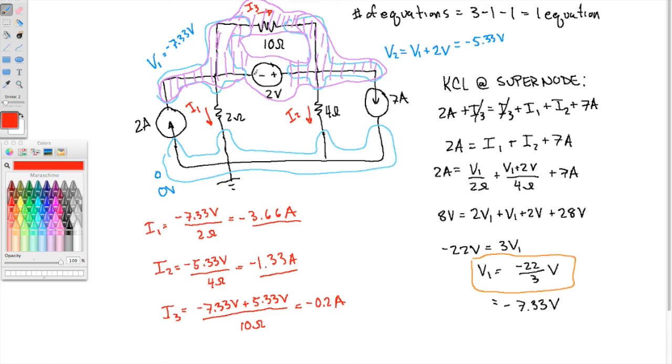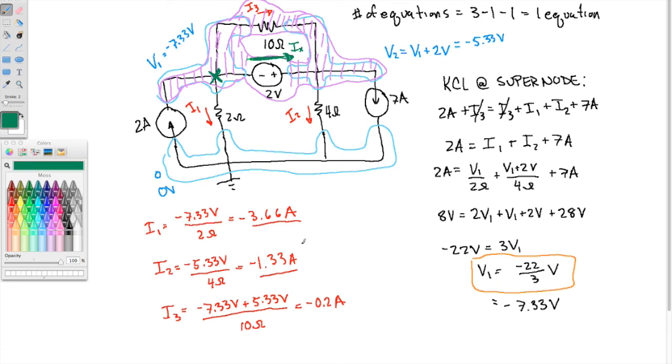Right? Suppose we wanted the current through the power supply, or the voltage source. I'll draw that in darker green. Let's say we wanted this current, call it IX. Well, we can't write an equation for that current, but I can do Kirchhoff's current law right here.